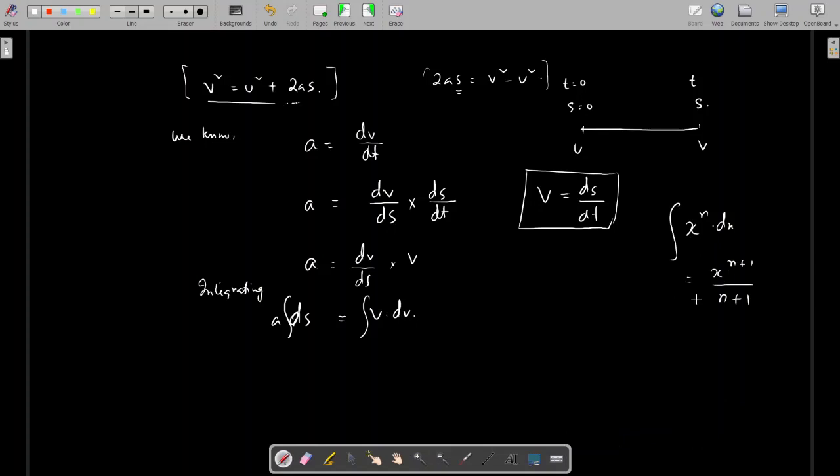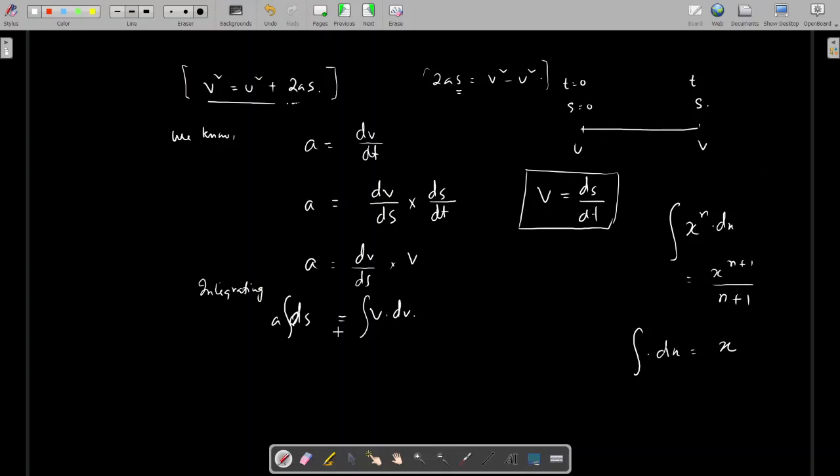Remember this formula, and integration of any constant term will be that term only. Integration of dx will be x. So integration of x to the power n will be x to the power n plus 1 by n plus 1.